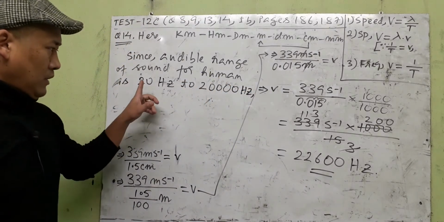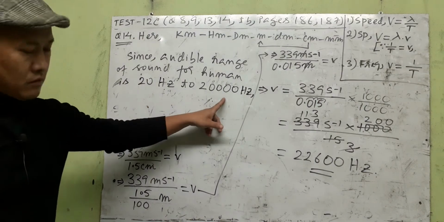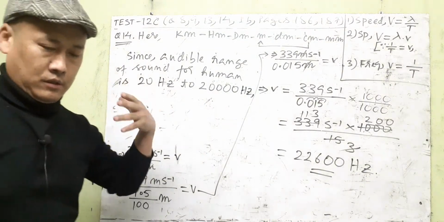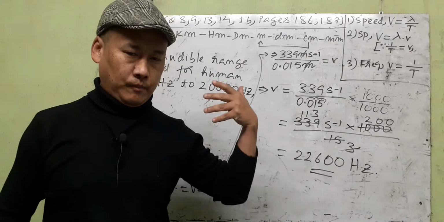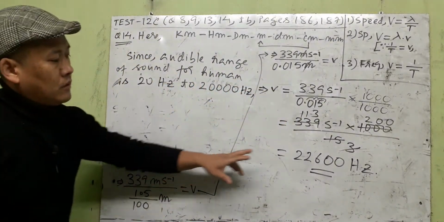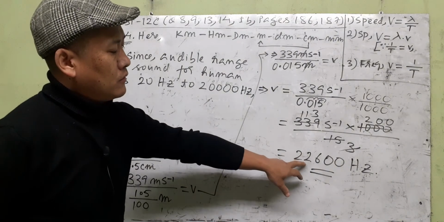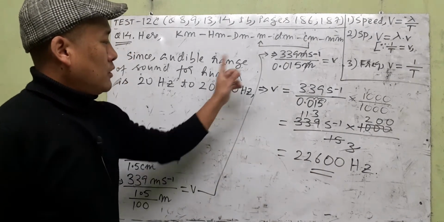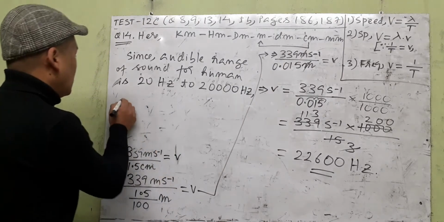Any sound having a range from 20 to 20,000 hertz, our human ear can hear it. Below or beyond this, we can't hear, okay? So the sound wave that is involved here is 22600, which is beyond the upper range, right? So we cannot hear this.